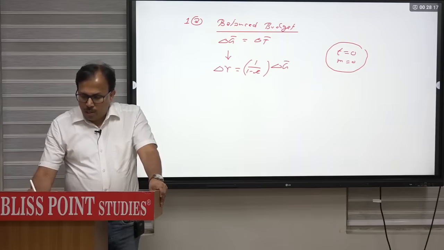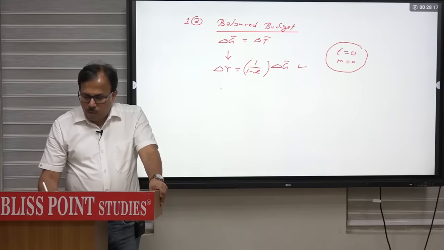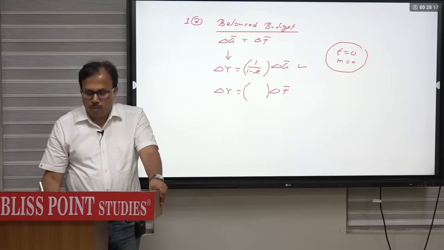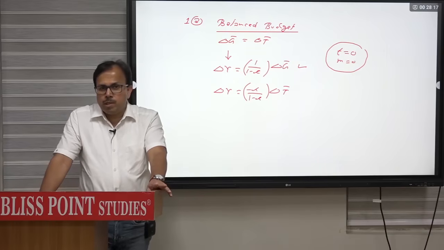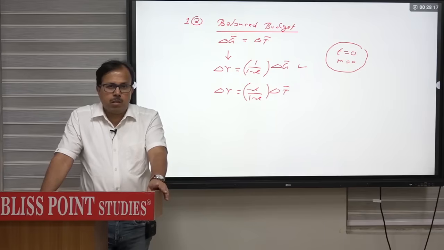Now this will be government expenditure effect, and if you add the tax effect, so if there is change in tax, income get contracted. So you write minus C upon 1 minus C, and why income get contracted? Income get contracted because when tax will be imposed, it will reduce disposable income. When it will reduce disposable income, thereby it will reduce consumption.